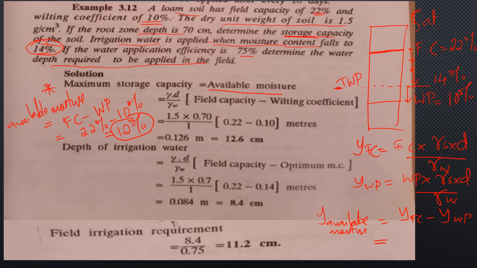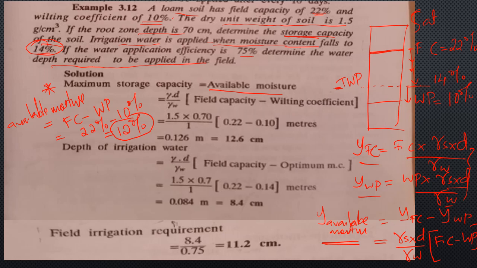By subtracting y Wp from y Fc, using these equations, we see that gamma S, D and gamma W are common terms, therefore let us take them outside: gamma S into D divided by gamma W multiplied by Fc minus Wp. By doing this you will get the depth corresponding to available moisture, and that is what is done here.